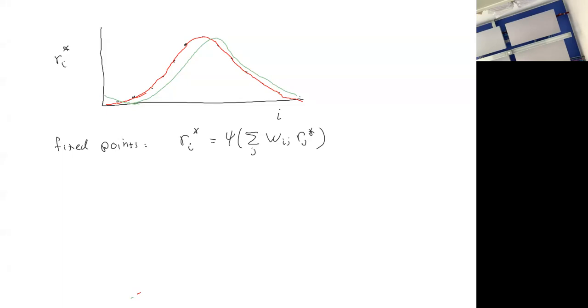Later on, we'll see we can have 2D or 3D hills of activity, but you can now remember in some sense a continuous variable. You can basically be in an infinite number of places. You can also be over here. So there are an infinite number of fixed points.